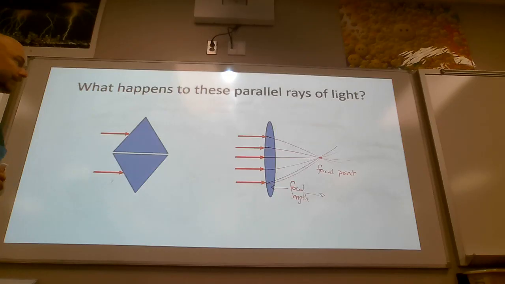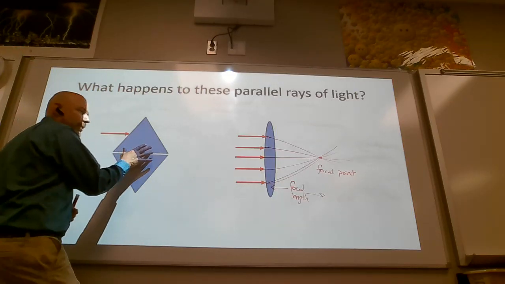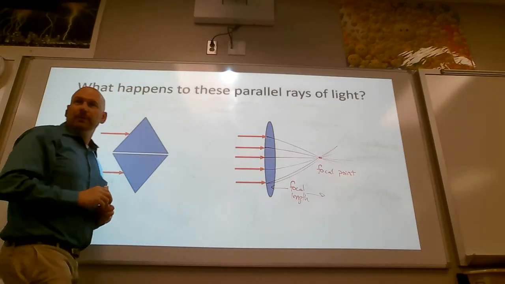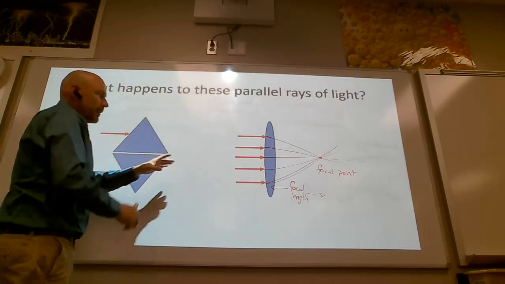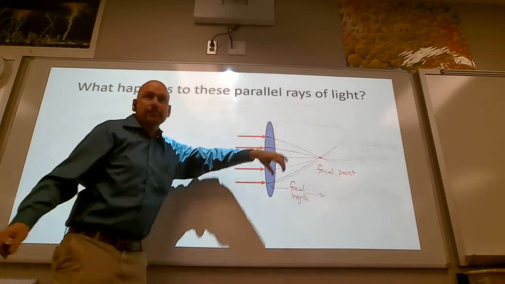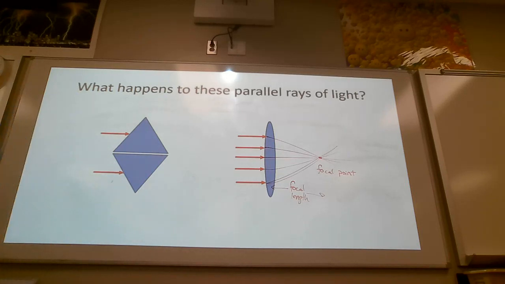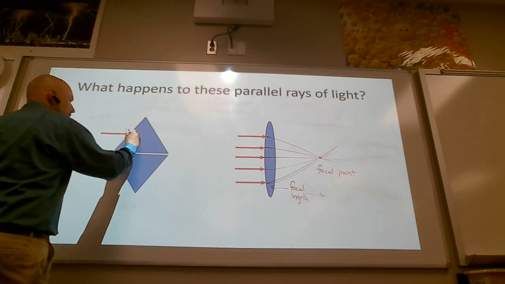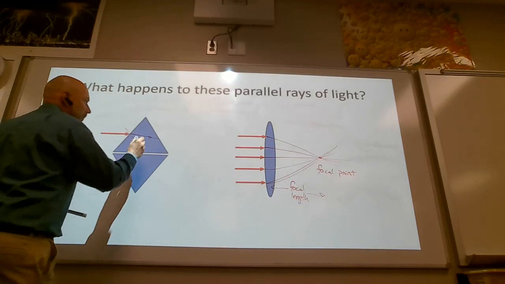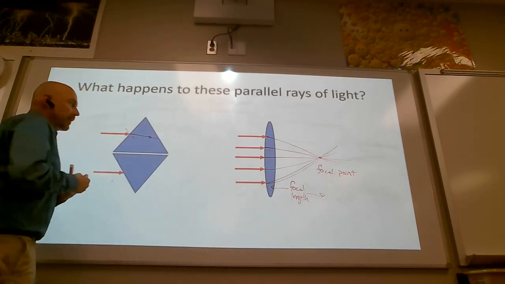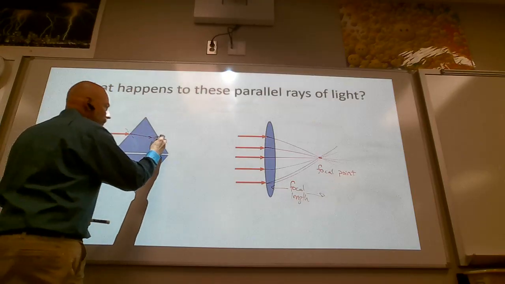Okay, here's how this works. You see how this arrangement of the prisms is similar to a converging lens. Here it's thin on the ends and thick in the middle. So when this ray of light goes in, it bends towards the normal line, and then when it goes out, it bends away from the normal line.